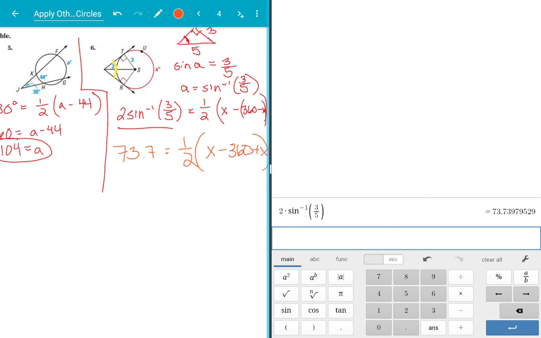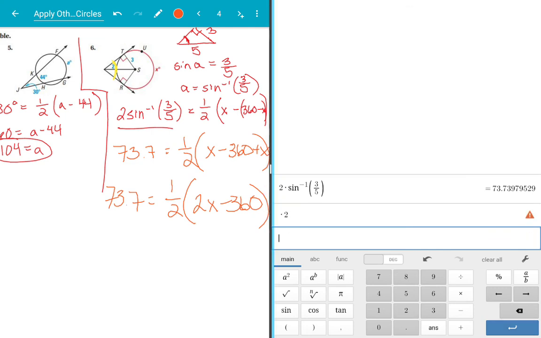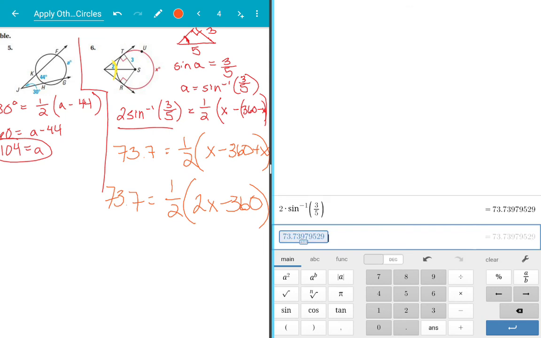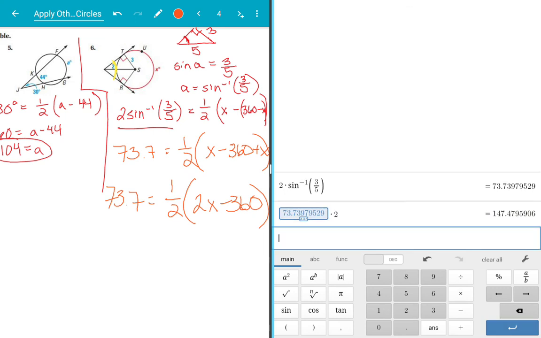Okay, we continue. We get 73.7 equals 1/2 times 2x minus 360. We multiply both sides by 2. This answer times 2 is 147.5, which is equal to 2x minus 360.